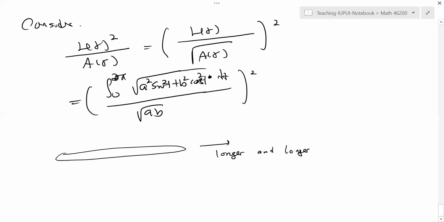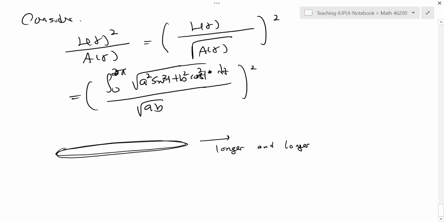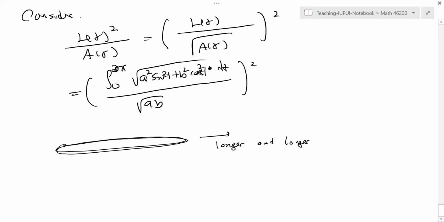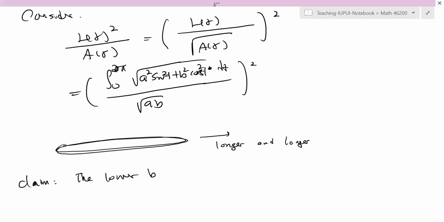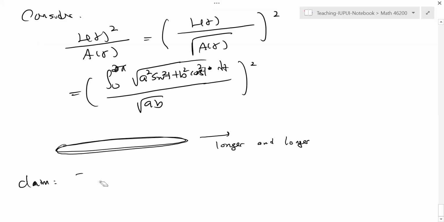But can we do this estimate for the ellipse? Does it have an upper bound, a lower bound? My claim is that the lower bound, the smallest possible value of this ratio, is going to be 4 pi.